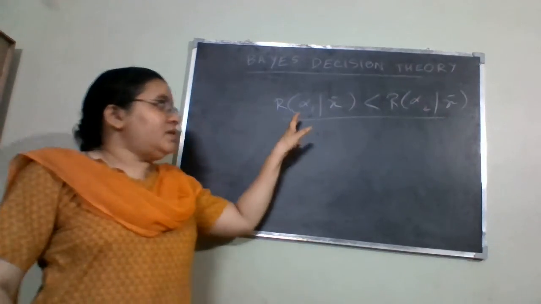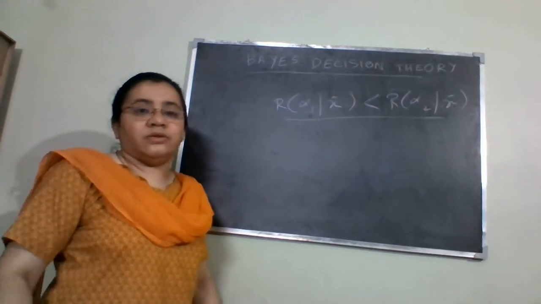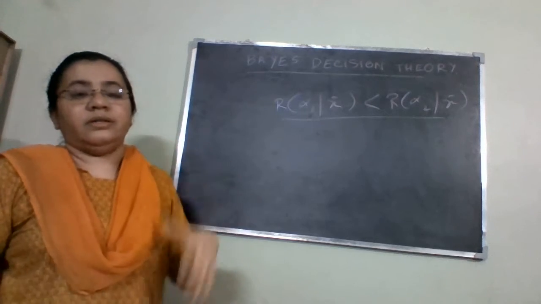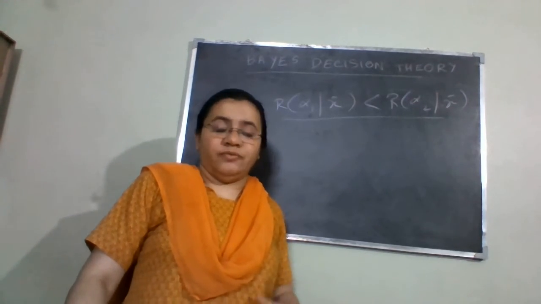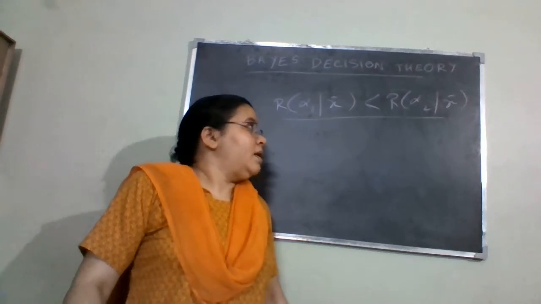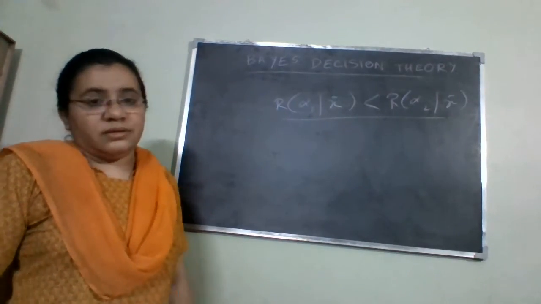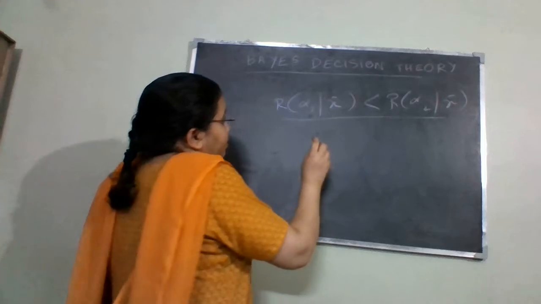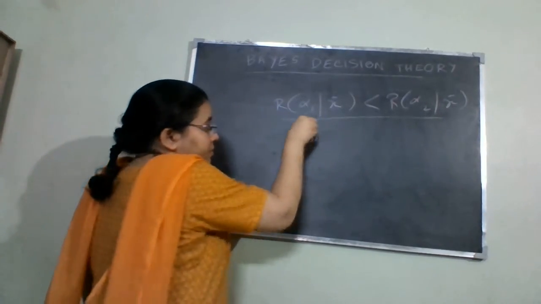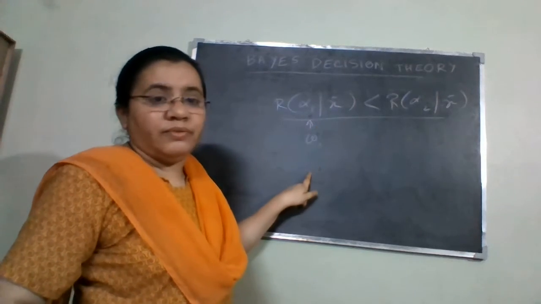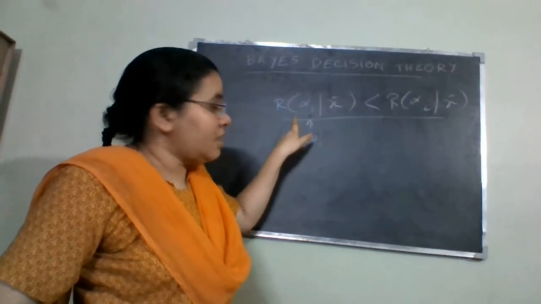If this risk is less than this risk, what do we want? We want the risk to be minimized, of course. So if this is less than this, we take the decision in favor of omega 1, meaning this feature vector x bar will be categorized under omega 1, that is alpha 1.